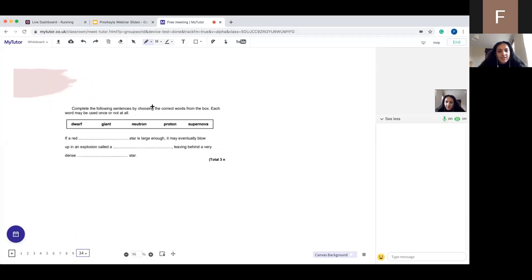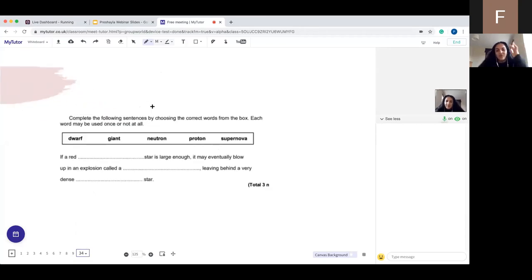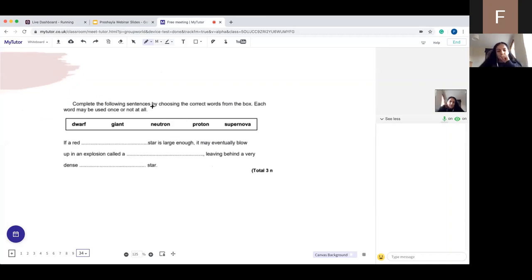Now, one thing to note about space physics, and especially this first half of the topic that we're doing, is a lot of the GCSE exam questions are fill in the gaps. They're not very inventive with their questions. They tend to do fill in the gap questions a lot of the time, or the other end of the spectrum, which is process questions. So describe the formation of a star.